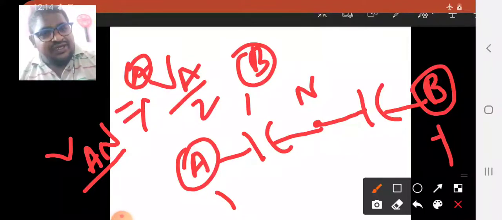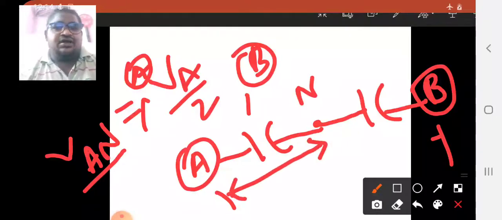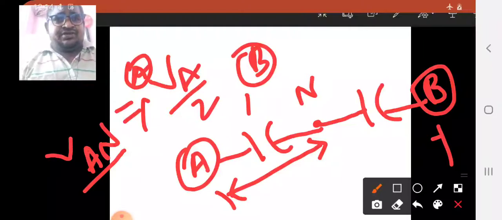VAN is the potential difference between A and N, which is exactly half of VAB. We take the neutral point such that the potential at the neutral point is 0.